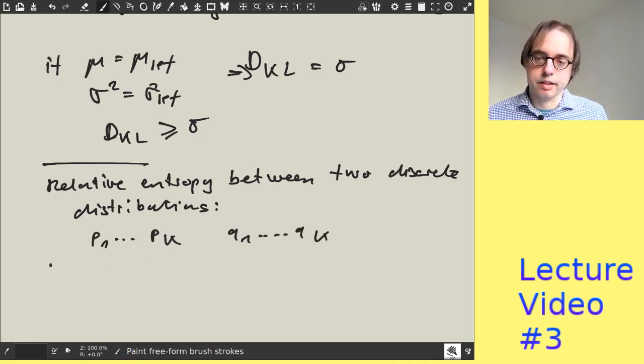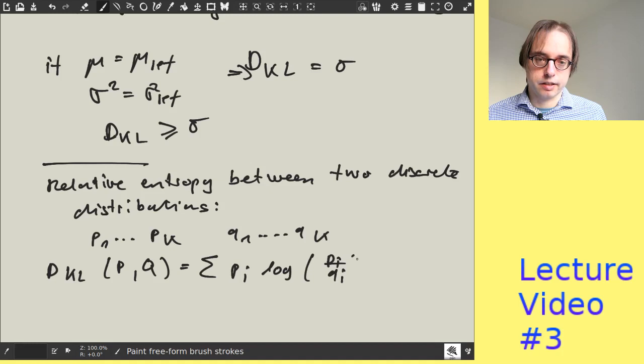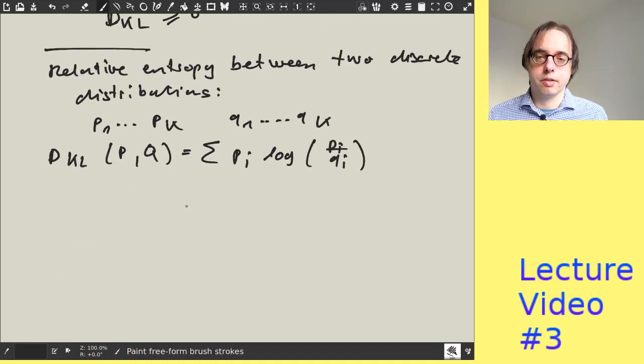Then the Kullback-Leibler divergence between P and Q is the sum of Pi log Pi over Qi, and what you'll show in the worksheet is that, if you approximate this, so this is the exact form.